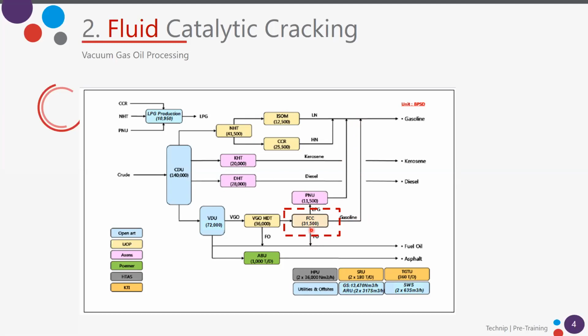And then we will have the heavier streams that we will use as fuel oil. The licensor, the technology of this unit, is also UOP. So this is how the unit is in the refinery scheme.